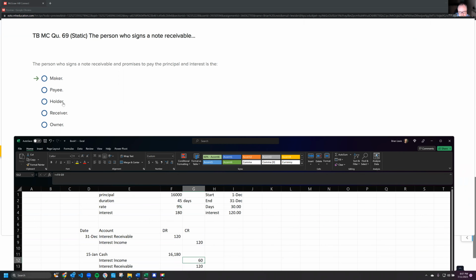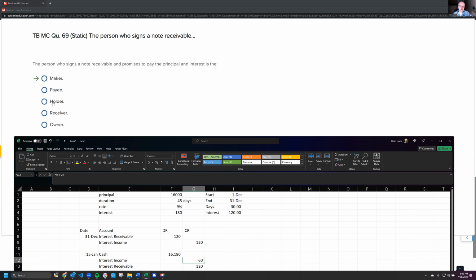It's not the holder, because the holder of a note is somebody that receives it, right? I owe you something. You have a piece of paper that says I owe you. The receiver, really no such thing. An owner, I guess you can kind of call it an owner of a note receivable, but they're not.